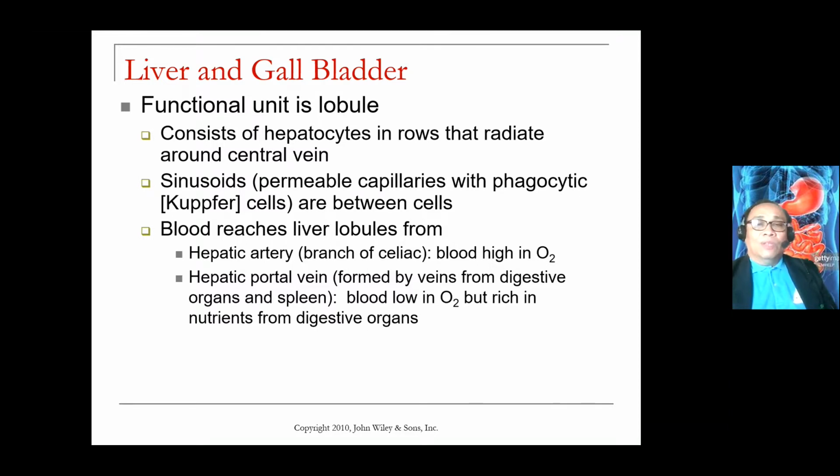The central vein actually would collect from the sinusoids, which are permeable capillaries with phagocytic Kupffer cells between the cells. Yung Kupffer cells, they actually originated from monocytes that decided to migrate into the liver and settled there permanently.